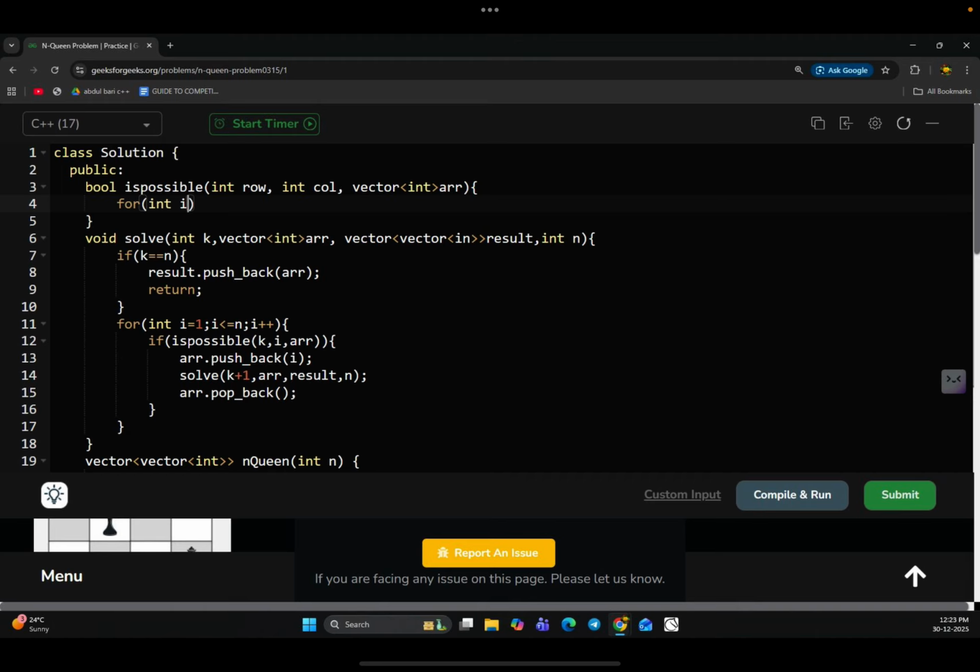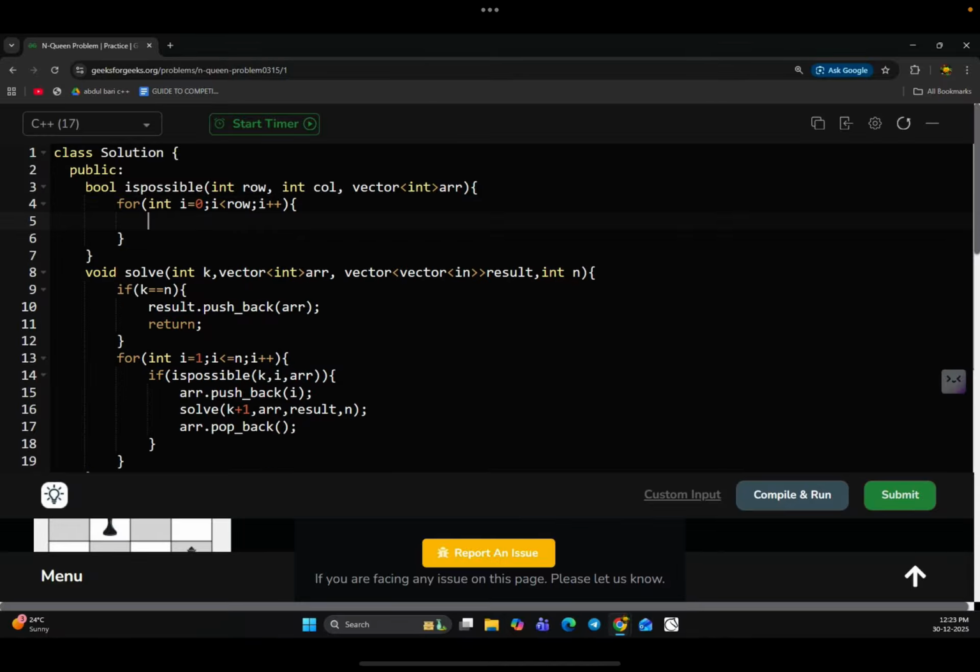So for int i equals 0, i less than row, i plus plus. arr.size will also work, or you can go to row also. Now if answer of i plus 1, okay, no, sorry, that is because the column number is the same.